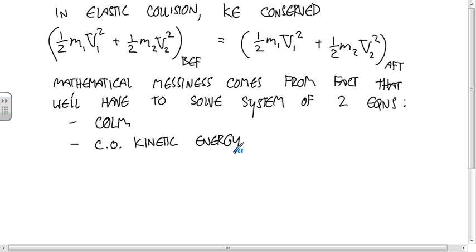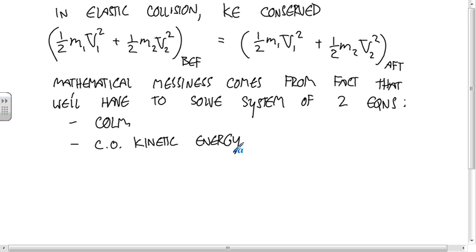I mean, you have to have the same number of variables as you have equations. That's just common sense. So what's the extra variable that you're having to deal with in an elastic case? How is it that you have fewer variables to solve for in inelastic problems than elastic problems?